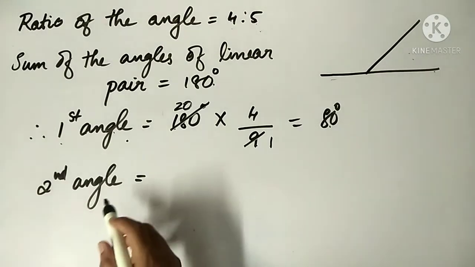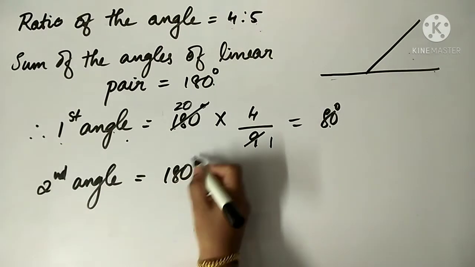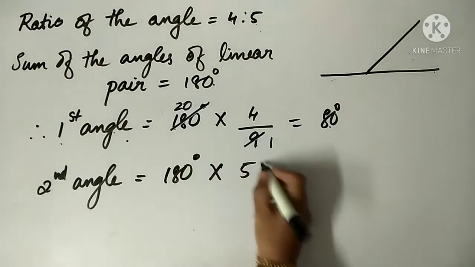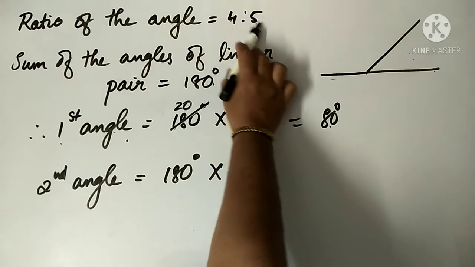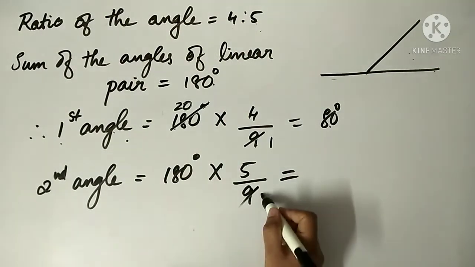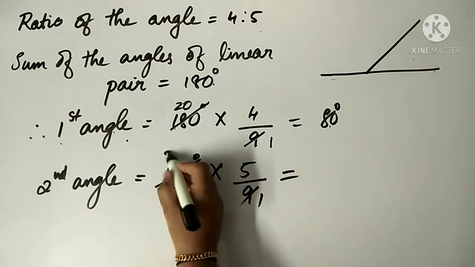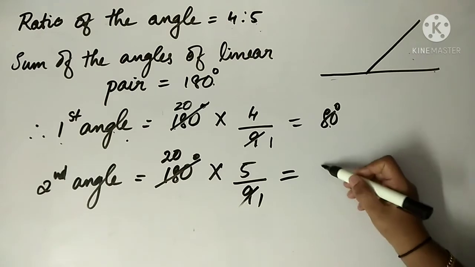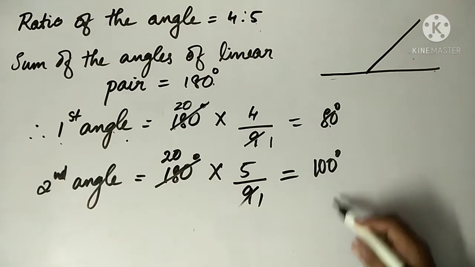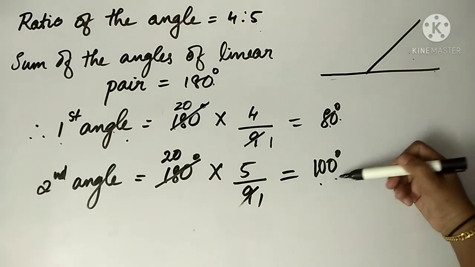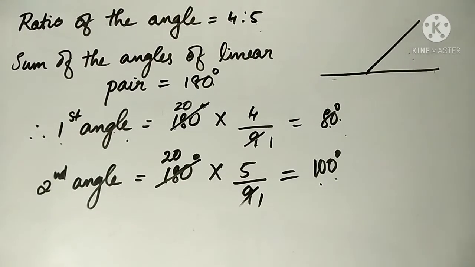Second angle is equal to total 180 degree into ratio of the second angle, 5, by total of this, 4 plus 5 is 9. That is equal to, again 9 will go one time and 180 will go 20 times. That is equal to 20 into 5 is 100. So second angle is 100 degree. Altogether 180 degree. They are a linear pair.